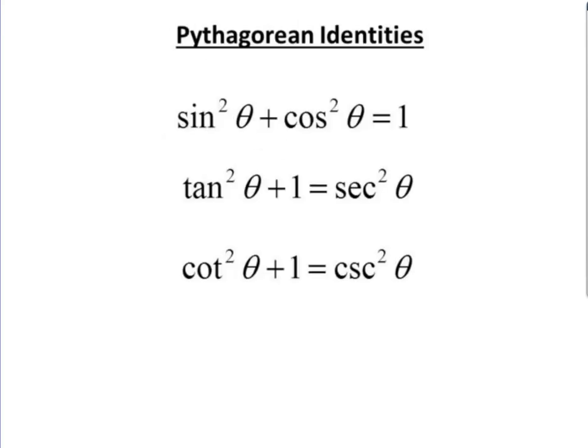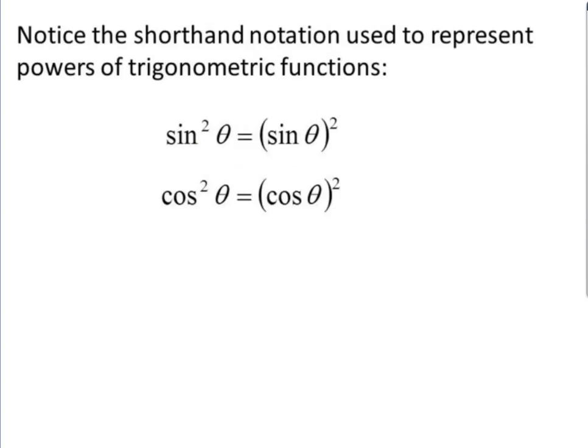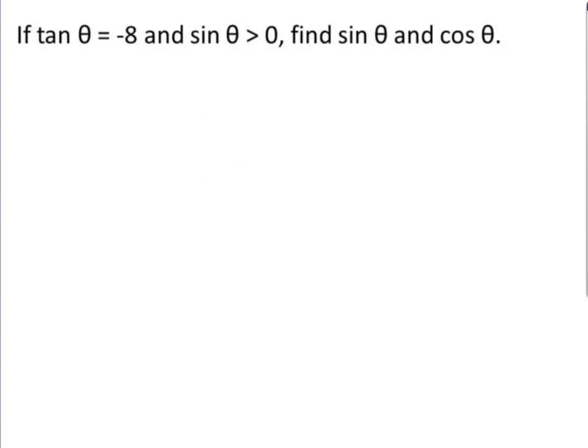So if we come back and look at these, our Pythagorean identity that deals with tangent is that tangent squared plus 1 is equal to secant squared. So we know what our tangent value is. Remember, you can just write that as tangent squared.